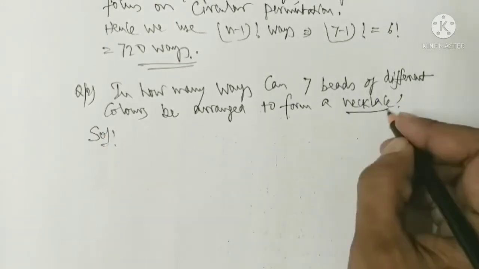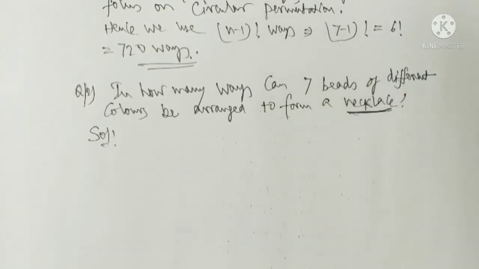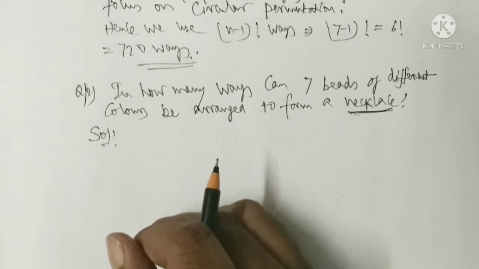Here the word necklace implies our second formula, that is half n-1 factorial.